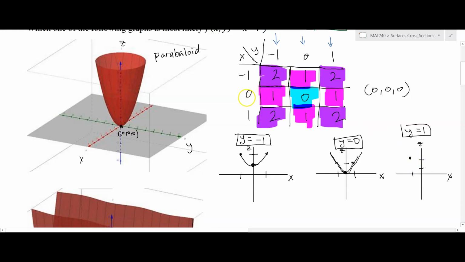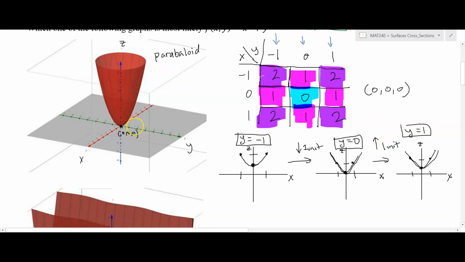When x is 0, z is 1. And when x is 1, z is 2. So it looks like the connection between these is that as we move from y equals -1 to y equals 1, we get something that from here to here shifts down 1 unit. But then from here to here, the graph shifts back up 1 unit.